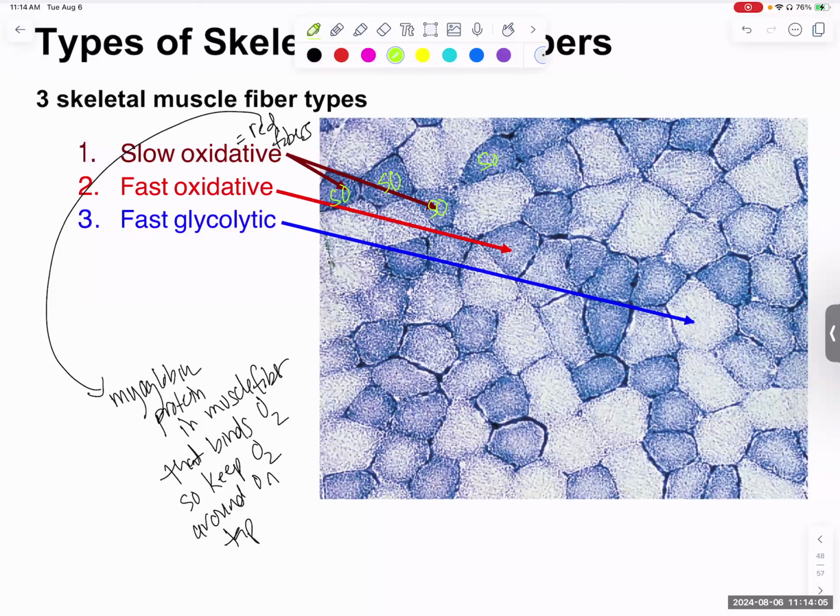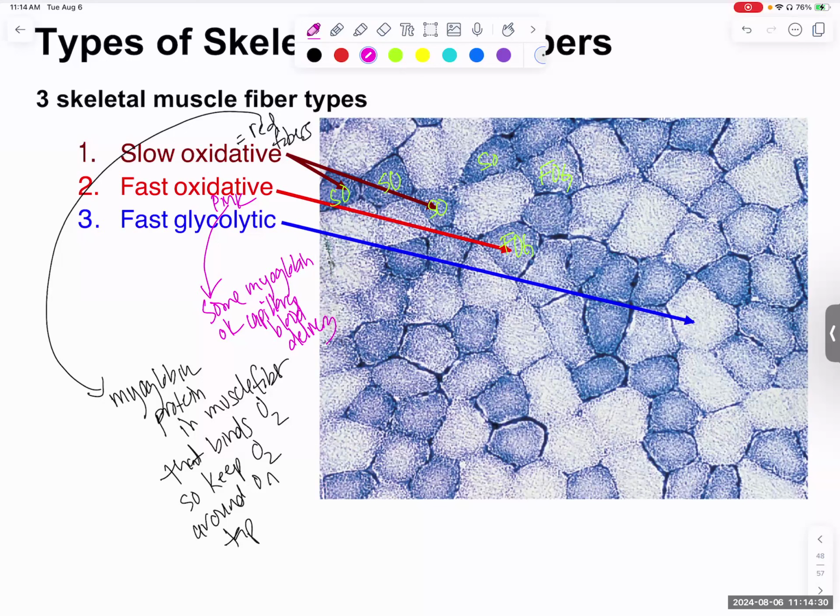Fast oxidative glycolytic, they're called pink fibers. They're not quite red. Why? Because they have some myoglobin and okay capillary blood delivery.